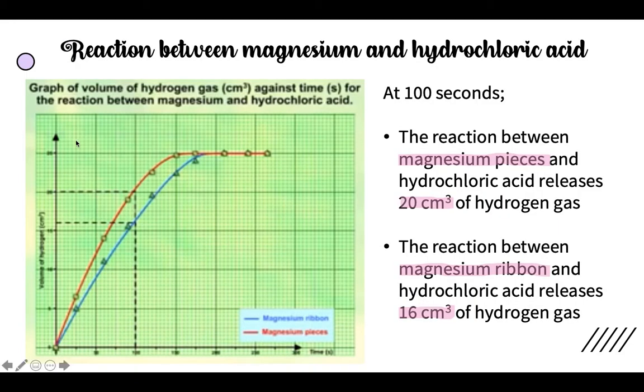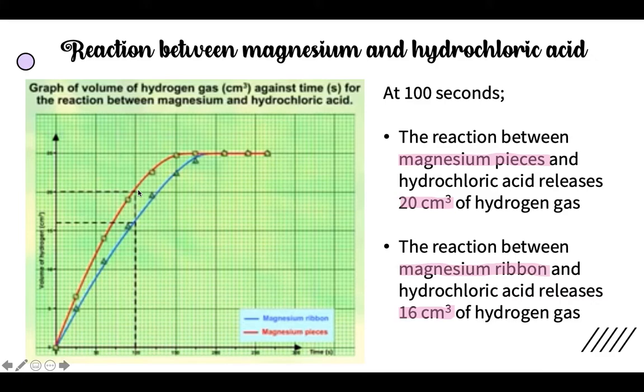Okay, ni explanation dia. At 100 seconds, kita ambil masa 100 seconds here. Okay, at 100 seconds, the reaction between magnesium pieces yang red line ini, and hydrochloric acid will produce 20 cm3 of hydrogen gas.